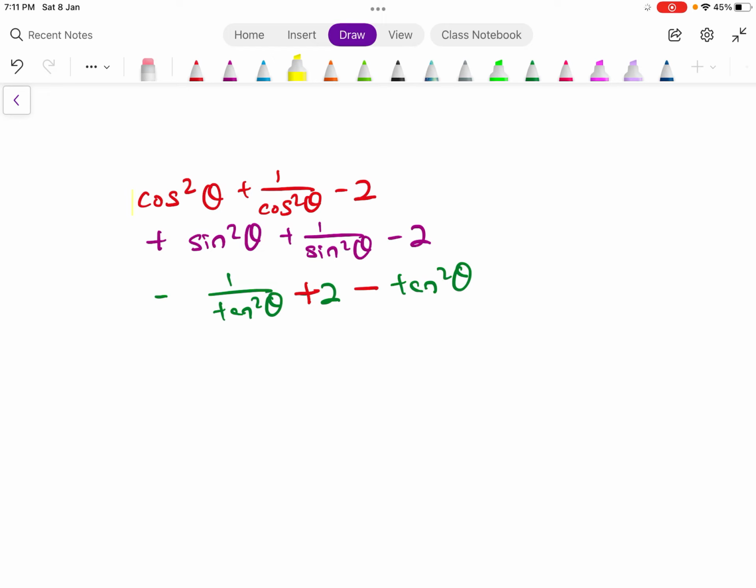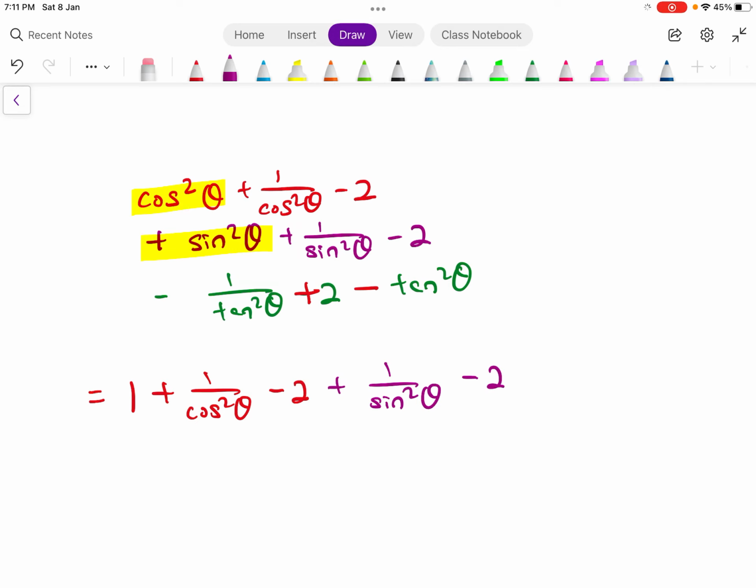You notice I can use my first identity: cosine square plus sine square is equal to 1. So I just write 1 first. Then plus 1 over cosine square theta minus 2, and of course plus 1 over sine square theta minus 2.